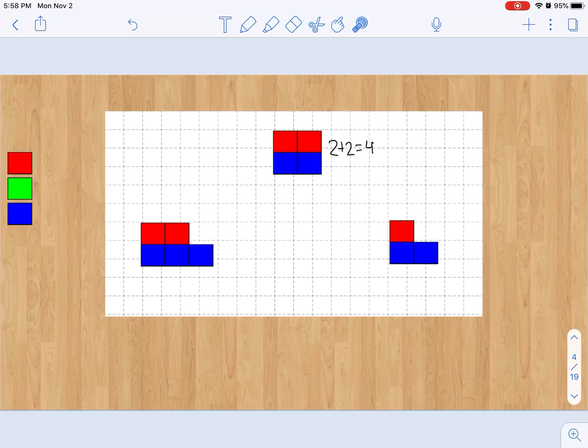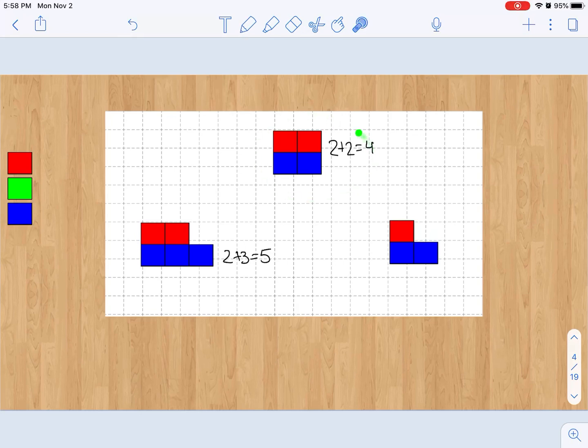Now let's look at the second array. I added another blue tile in the bottom row. What is a new addition equation I could write? If you said 2 plus 3 equals 5, you are correct.